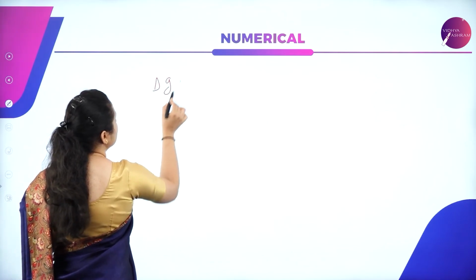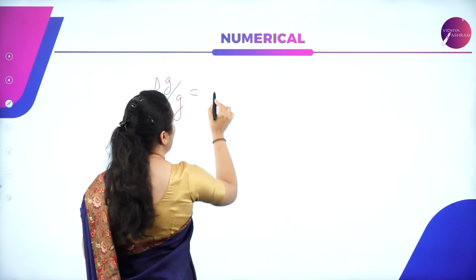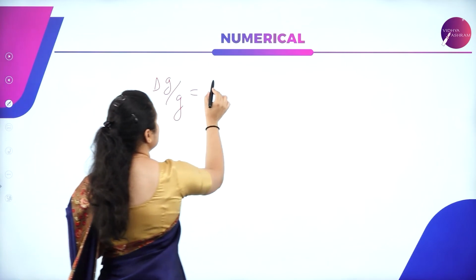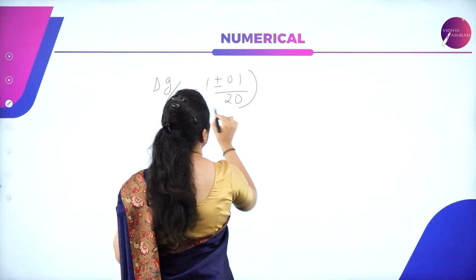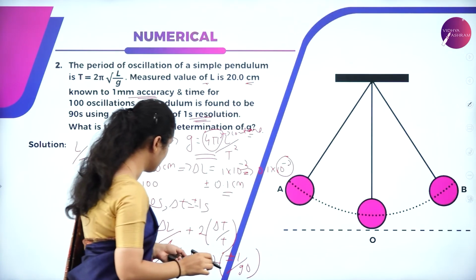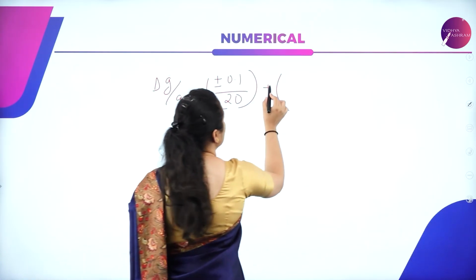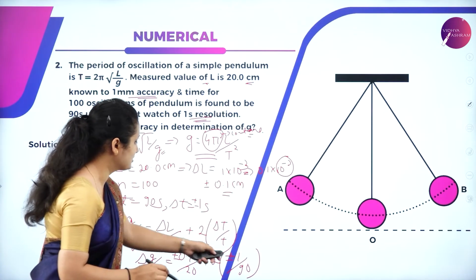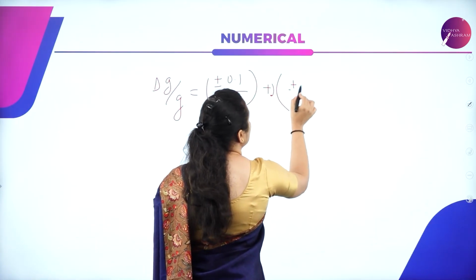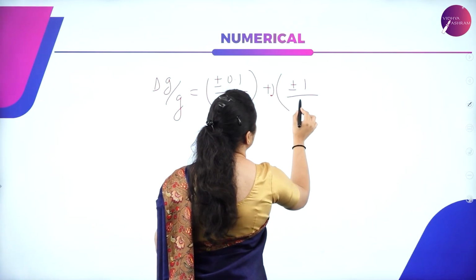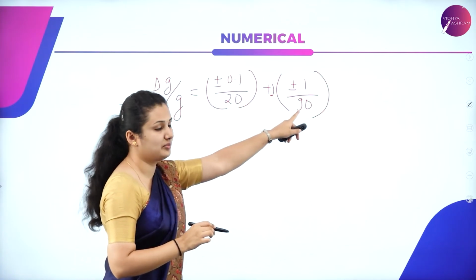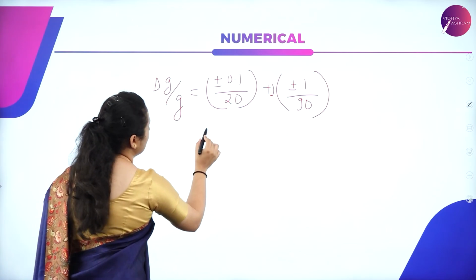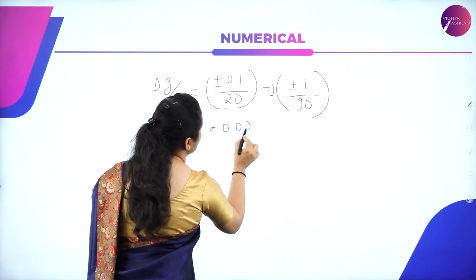So, delta G by G is equal to 0.1 divided by 20 plus, what did you have here? 2 times plus or minus 1, that is 1 second divided by 90. Error divided by 90. So, you will get 0.027.